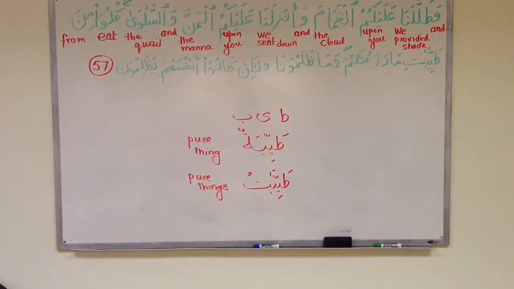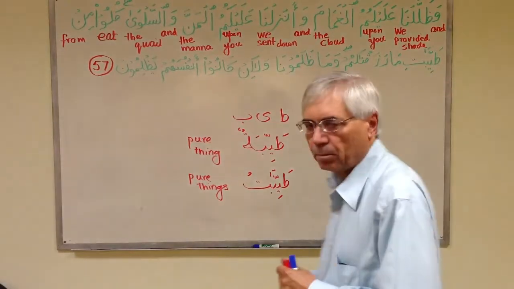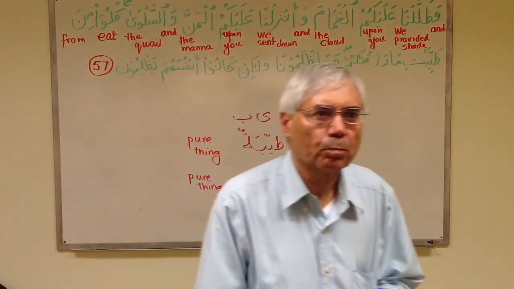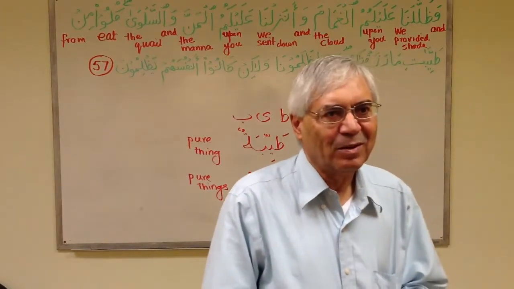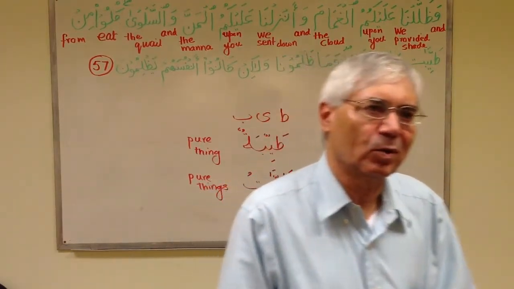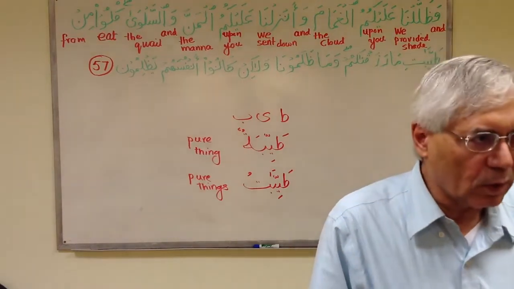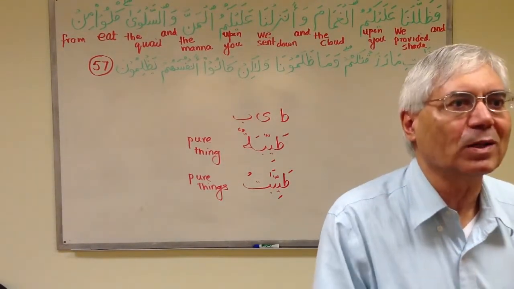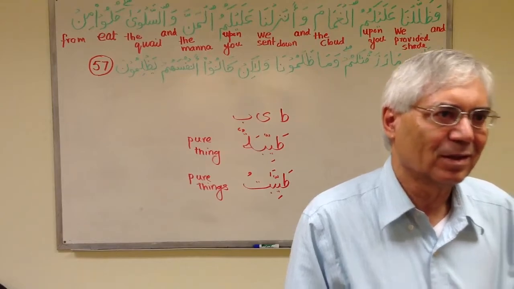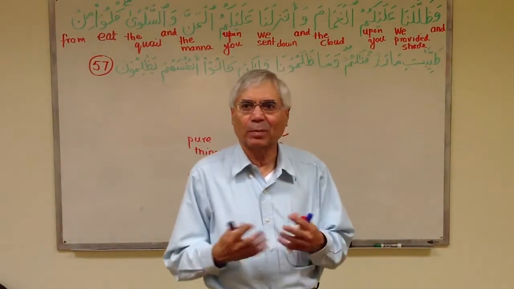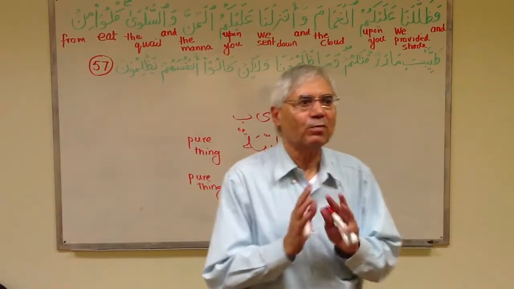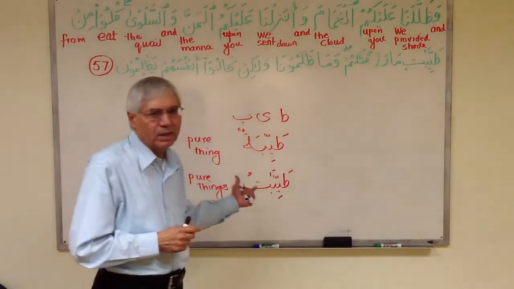Tayyibatun means one pure thing. Tayyibatu is the plural, many, many pure things. So just adding an alif made it plural. Actually, for making the plural, there are different rules. Many nouns have different rules. Like samaun is one sky, samawatu is the plural of that. But for every word, there may be a different rule for making the plural. There is no one fixed rule. In this case, it is tayyibatu.